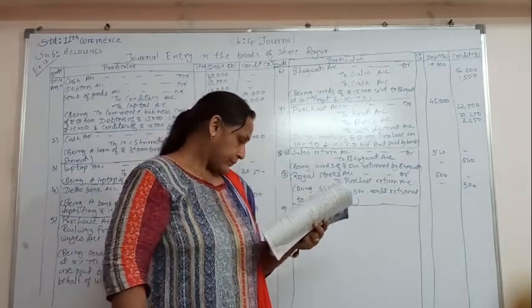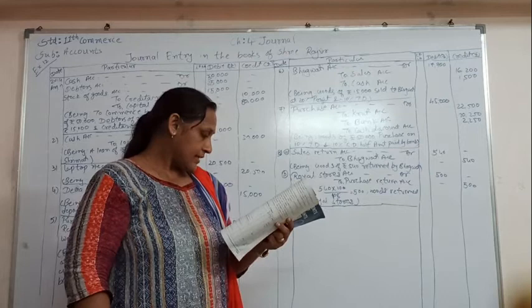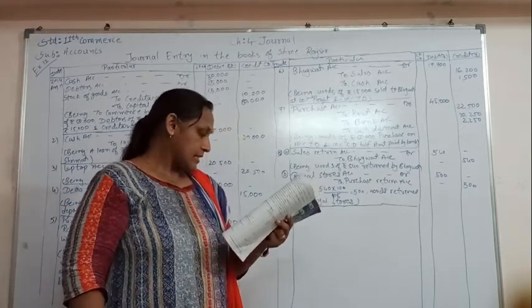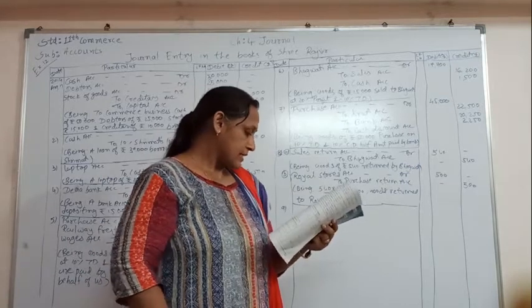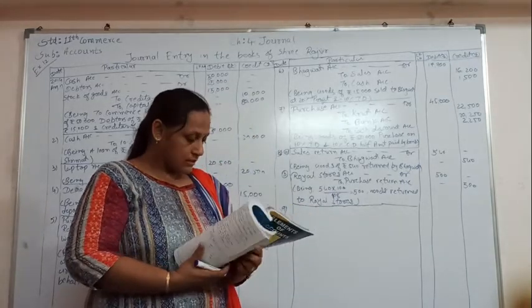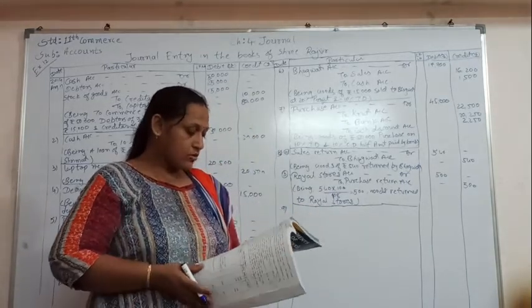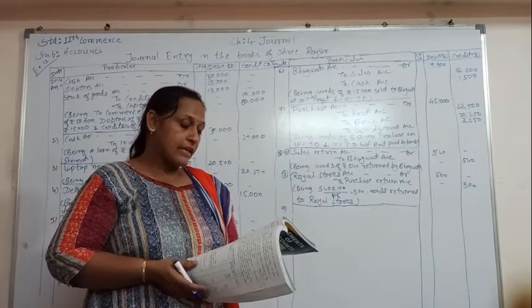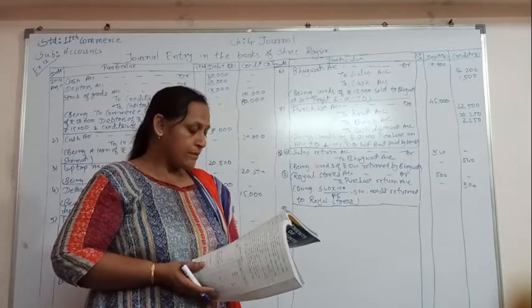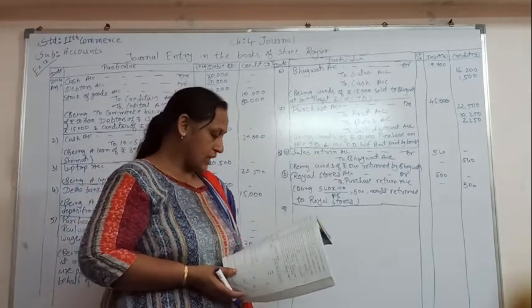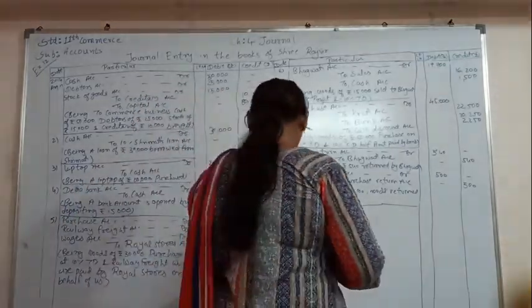So here the journal entry is for the sales, and for that, first, the sales account is going to be credit. So Nirali account debit, cash account debit, cash discount account debit to sales account. That journal entry we are going to pass.